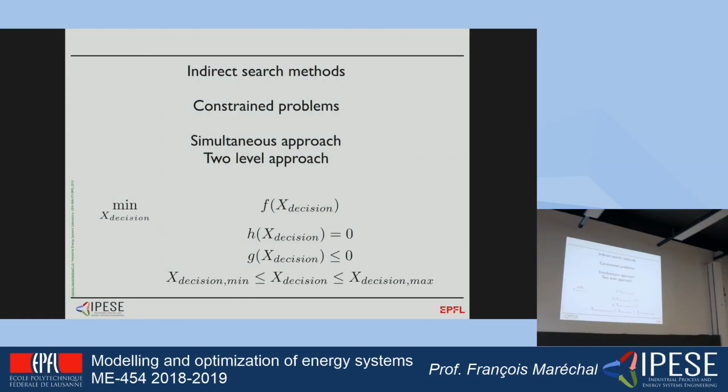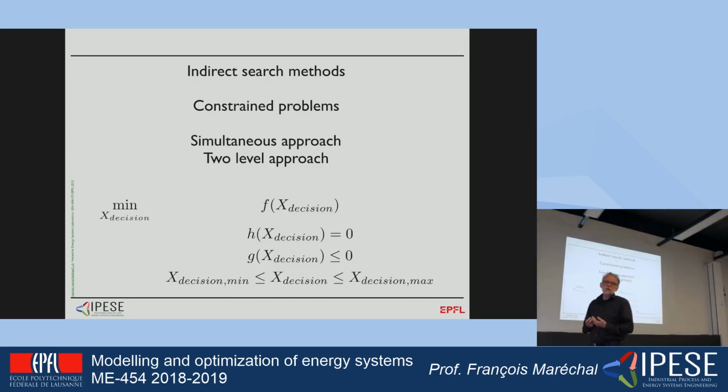So this morning we have seen the methods to solve problems when we have to minimize a nonlinear objective function with more than one variable. So there were mainly two major strategies, which were the direct and the indirect search.